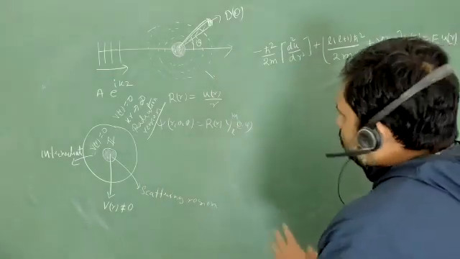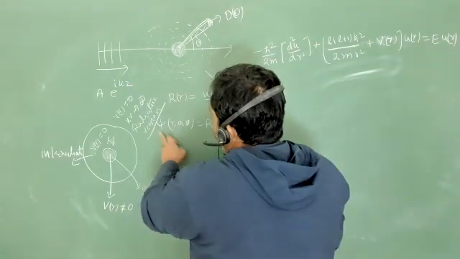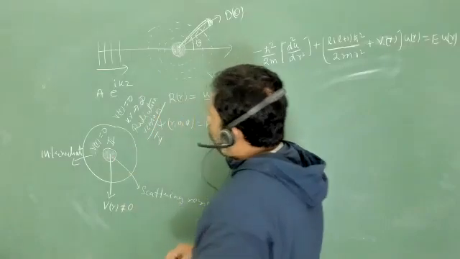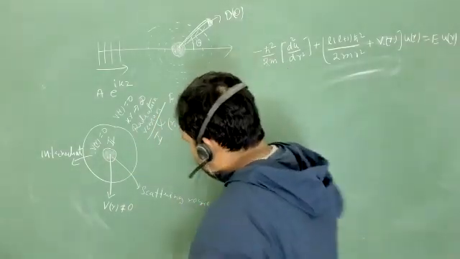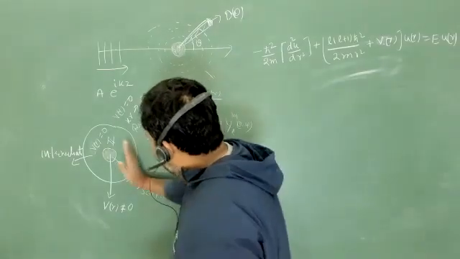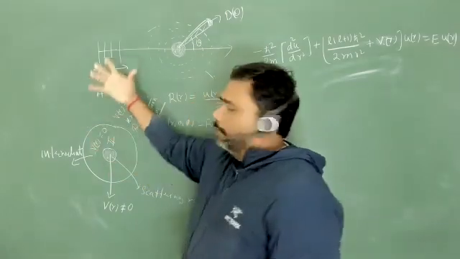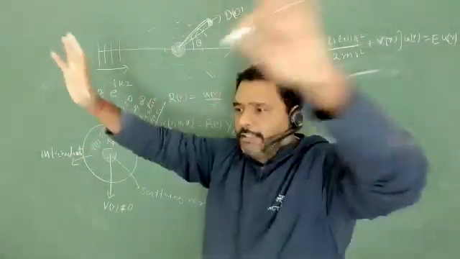Anyway, so let's go. This is your region 2 and this is your region 1. Let's say these are your regions 1, 2 and 3. So what will happen? The particle is coming. Suppose this is my Z axis. The particle is coming here, and after that it is going to be scattered into all possible directions, in a spherical region.